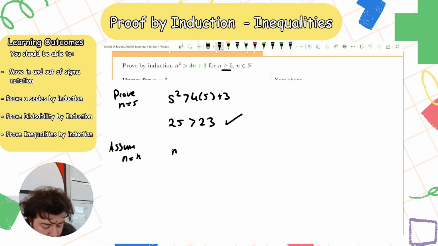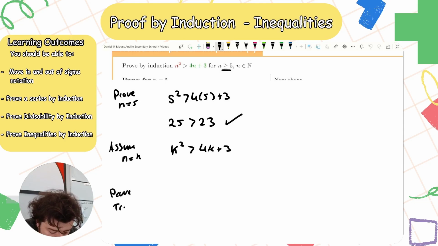So k squared is greater than 4k plus 3. We're assuming that's true. And then we need to prove true for n equals k plus 1.